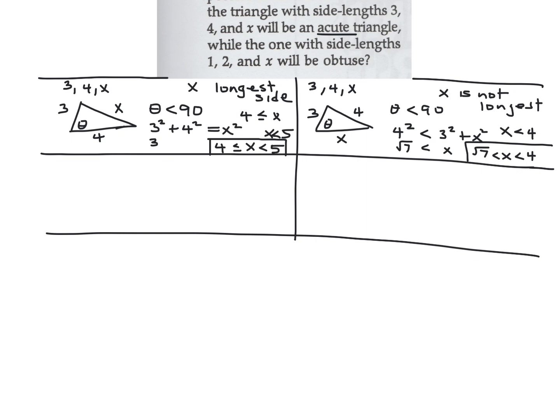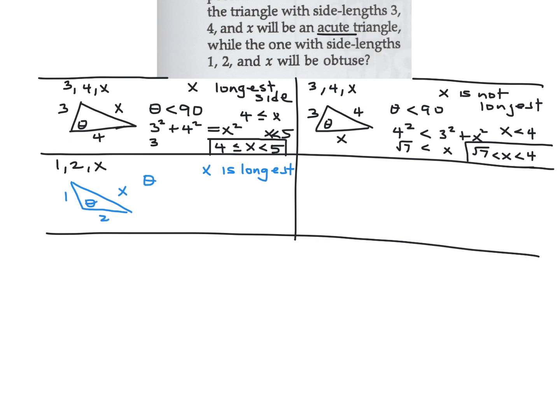Okay, now we move up to the 1, 2, and x triangle. And this time, same thing, x is longest. So same way. Let me draw it first. This is the triangle this time. 1, 2, and x, and this is theta.